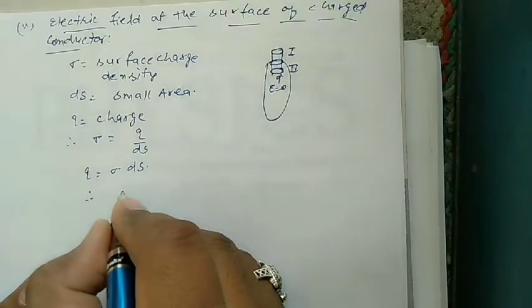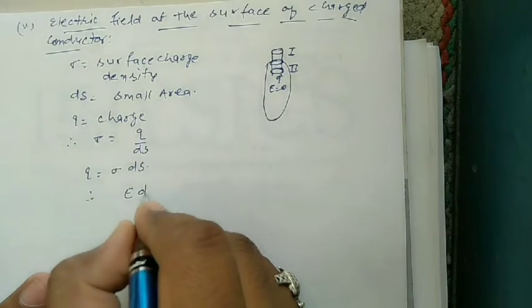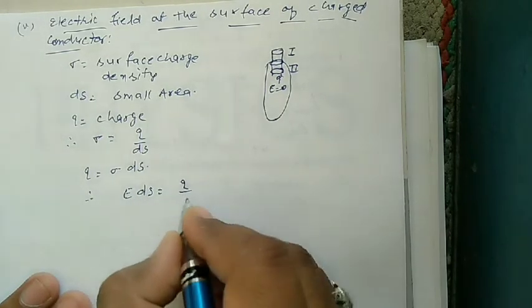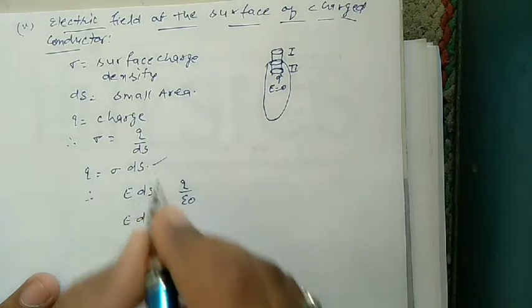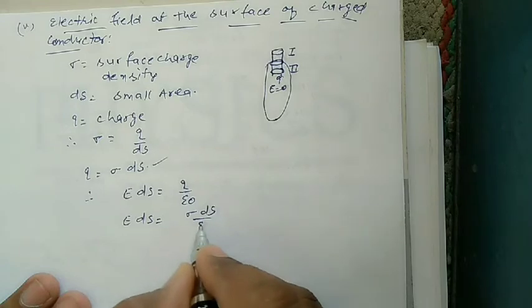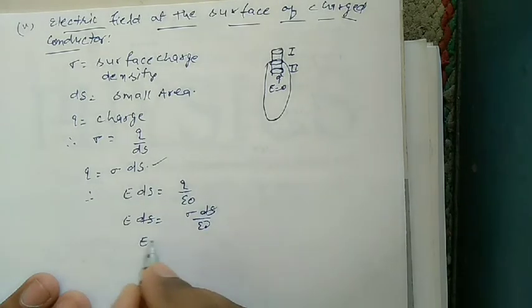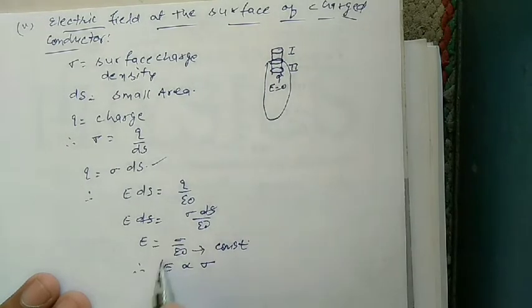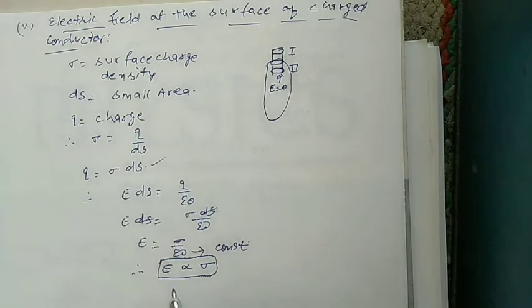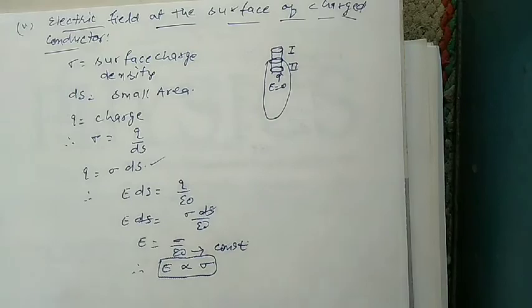According to Gauss theorem, E dot ds is q by epsilon 0. E into ds, value of q is sigma ds by epsilon 0, ds cancelled. E is equal to sigma by epsilon 0. Here epsilon 0 is constant, therefore electric field is directly proportional to sigma, the surface charge density.